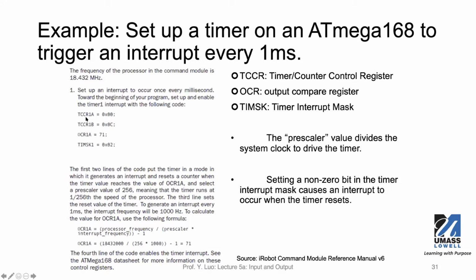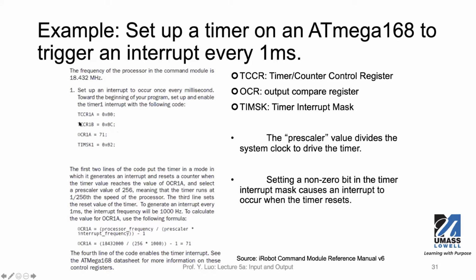You can look into more detail in the data sheet to find out what the bits in this register are. But overall, these 2 lines help us set the timer so that it will generate an interrupt and reset the value using this value every time the timer expires.